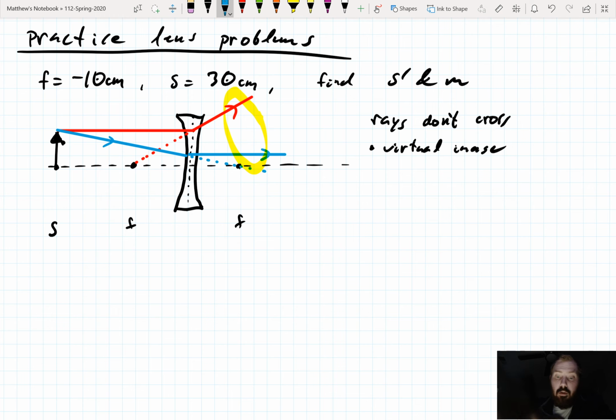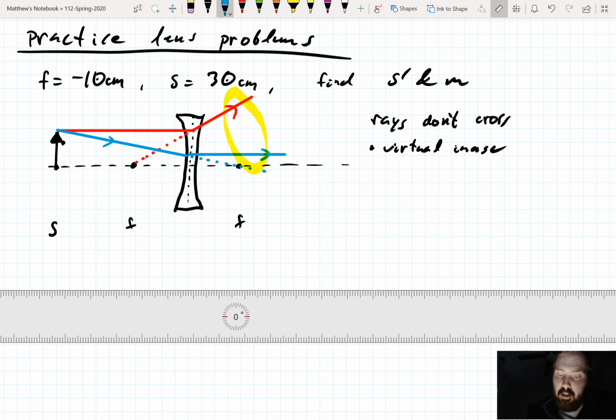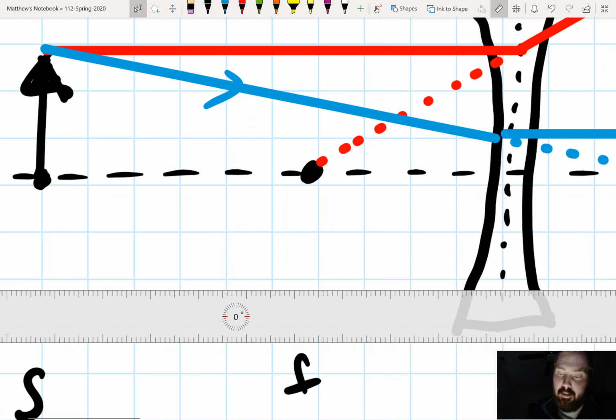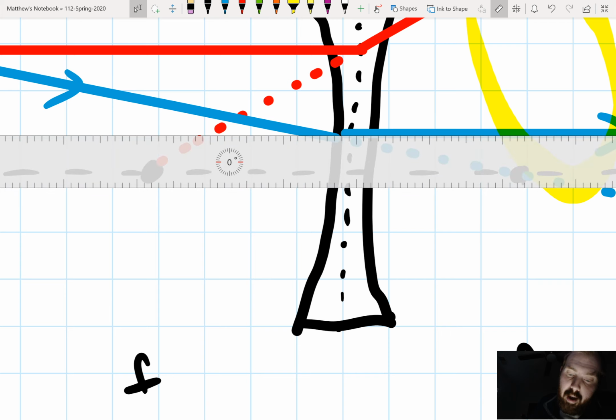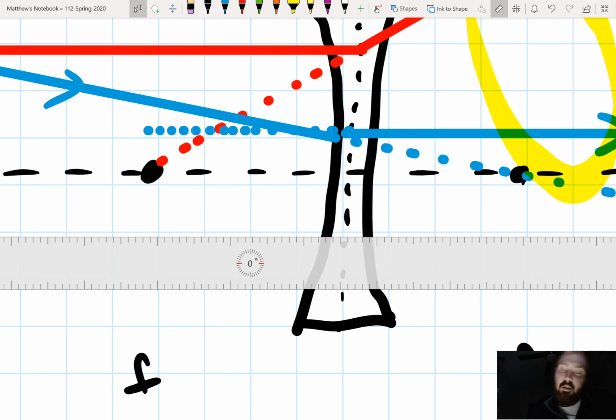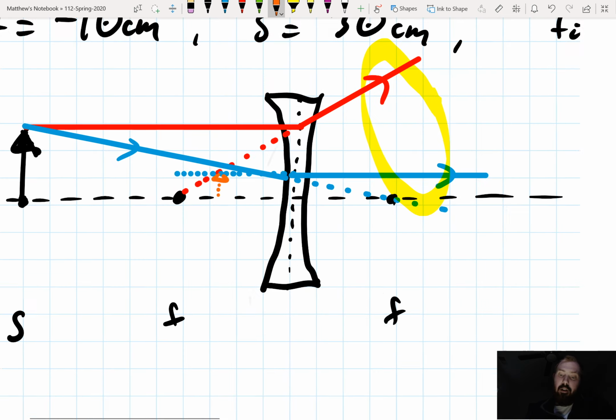Well, we've already traced one of them back. Let's trace the other back. Let's zoom in on this. We've got to trace this guy back, and we see where they cross. There's our image.